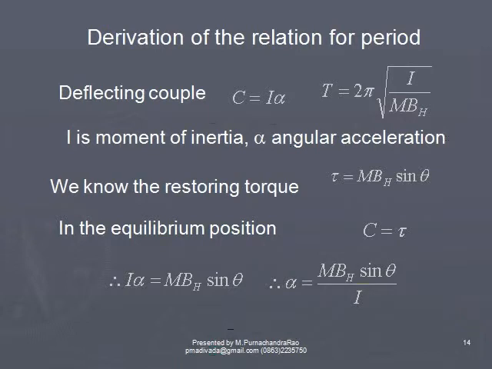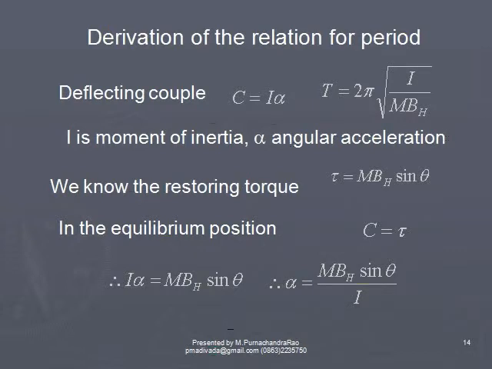To set the magnet in oscillating position, we rotate the torsion head, say with a small couple C. For deflecting, we use a couple C. This couple C is proportional to angular deflection theta.